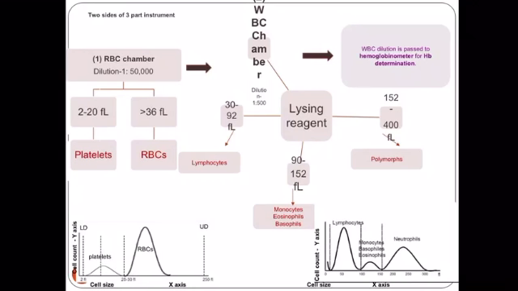In the right side corner, the graph represents a WBC histogram. We have shown the size of all the cells. The lymphocyte is a smaller cell, so the lymphocyte has the first peak. Neutrophil is a larger cell having the third peak. And in the middle, the monocyte, basophil, and eosinophil are present. So this is the 3-part.